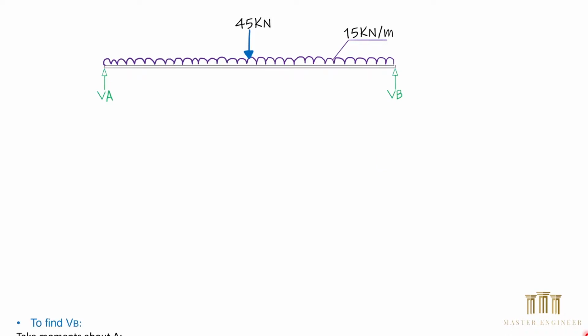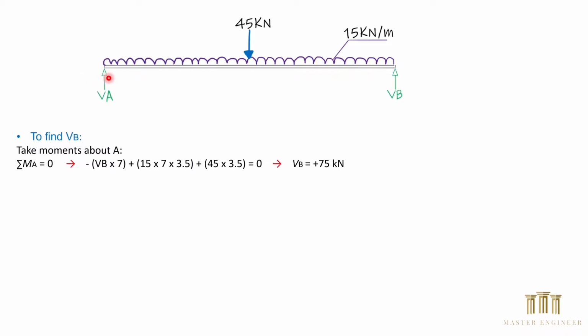To find VB, we take moment about A. The sum of all moment at A equals 0. Negative VB multiplied by the total length, 7 meters, acting anti-clockwise. Positive UDL, 15 kilonewton, multiplied by the total length, 7 meters, multiplied by half of the 7, which is 3.5, acting clockwise.